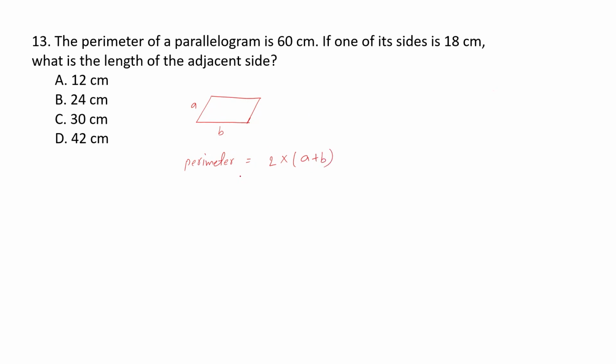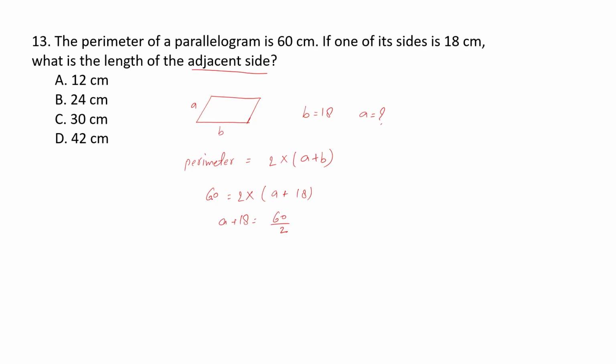So, one side is given. Let's say B is equal to 18. A we don't know. A we have to compute, right? Adjacent side you have to compute. So, perimeter is 60. 2 into A plus 18. So, again take this to that side. A plus 18 is equal to 60 upon 2 because 2 was in multiplication on this side.